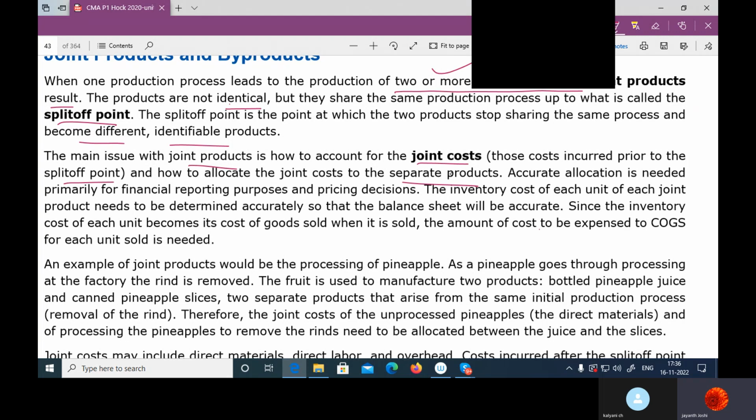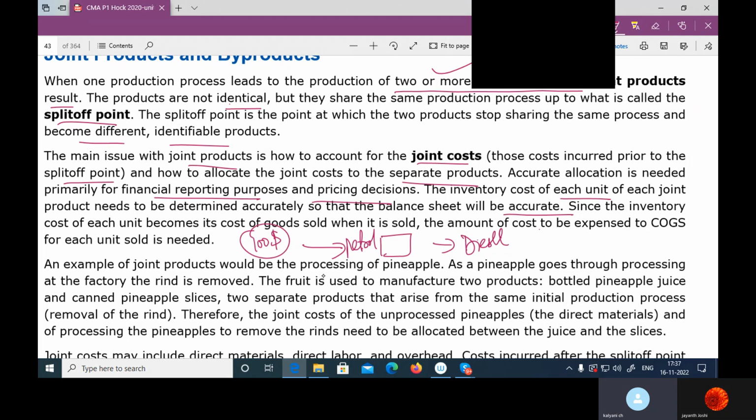Accurate allocation is needed primarily for financial reporting purposes and pricing decisions. Inventory cost of each unit of each joint product needs to be determined accurately so that the balance sheet will be accurate, correct? If you incur some $100 for processing that entire crude oil, and two products have come out, petrol and diesel, you have to apportion how much is the petrol cost and how much is the diesel cost.